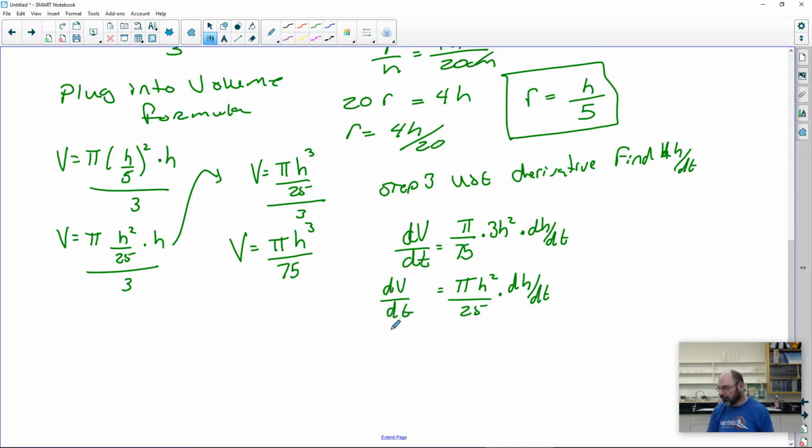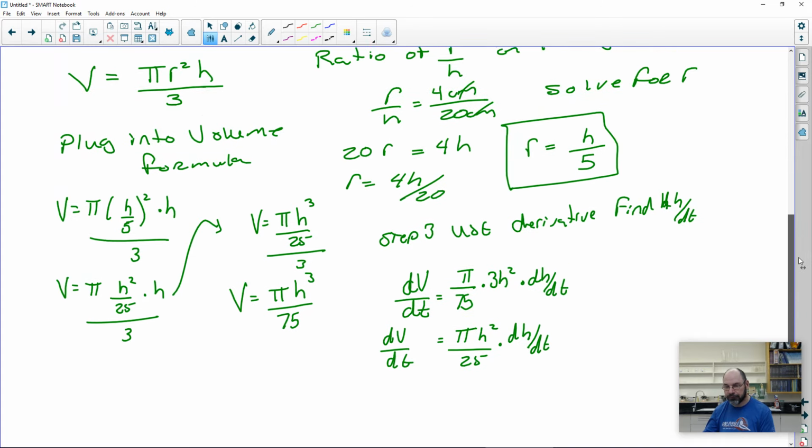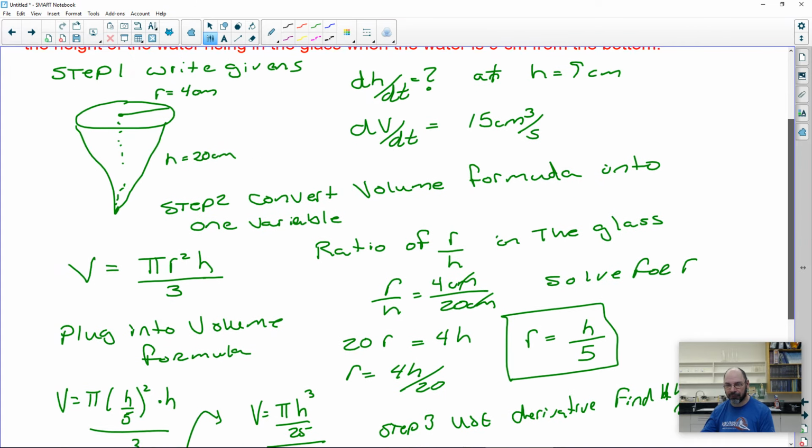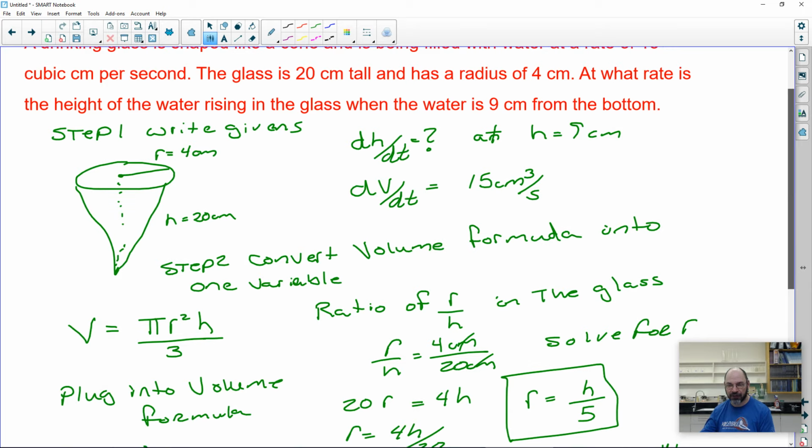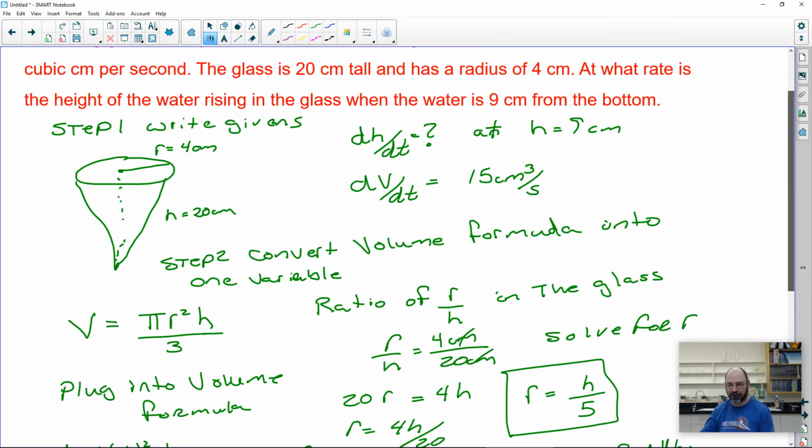Okay, so now all we're going to do is plug in our values and calculate what dh/dt is, because that's what we want to find. So let's go back up to the top here. I forgot what they were already. Okay, so we had 15 cubic centimeters a second at a height of 9.